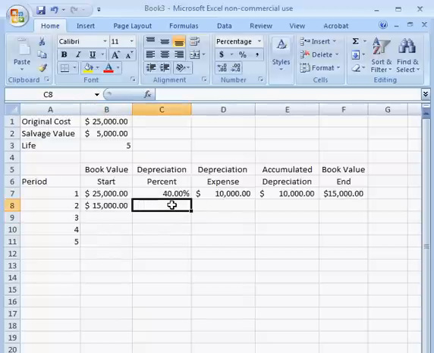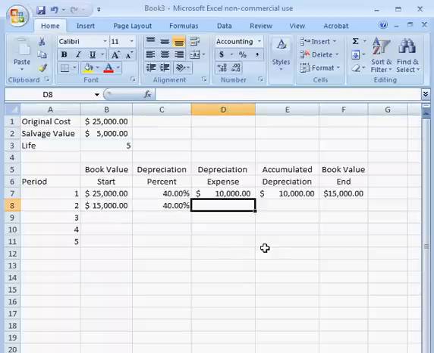We're going to continue to use this 40% depreciation percent until the end, which I'll show you. We're going to make a slight change in the percentage toward the end of this calculation, but I'll explain that once we get there.